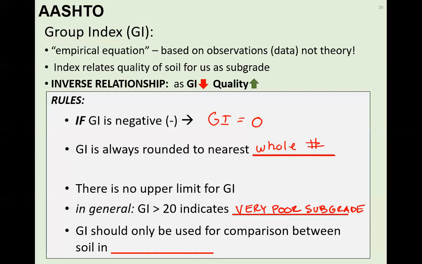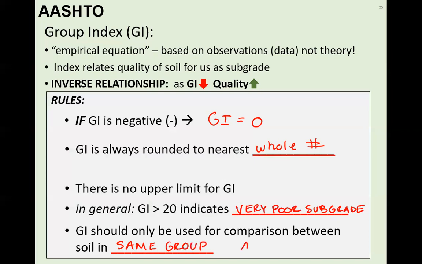So you'd have to calculate that and make sure, and if it is greater than 20, then they might make you retest it or remix it or something like that. The GI should also only be used for comparison between soil in the same group.